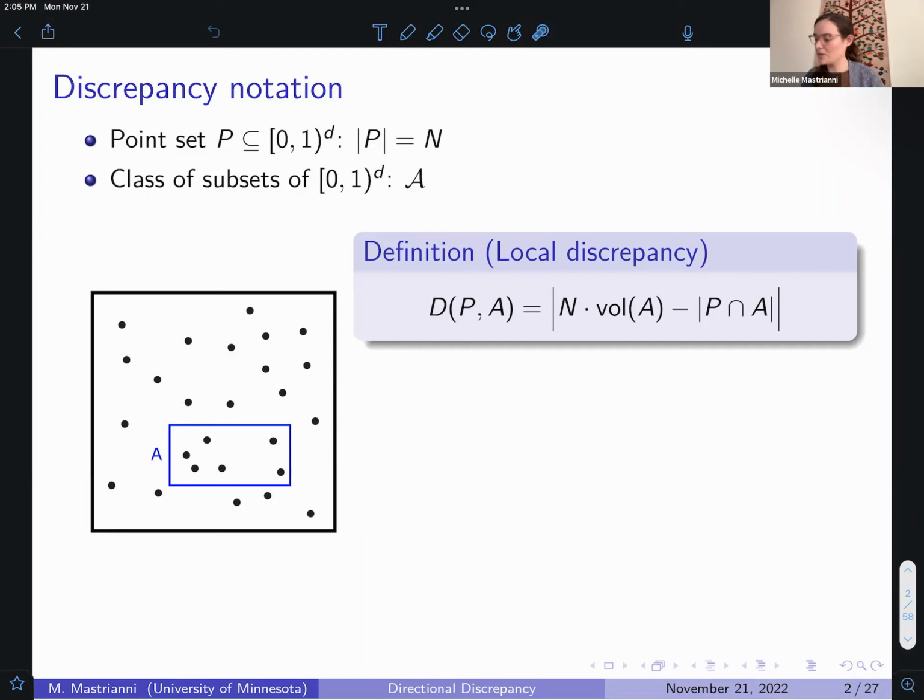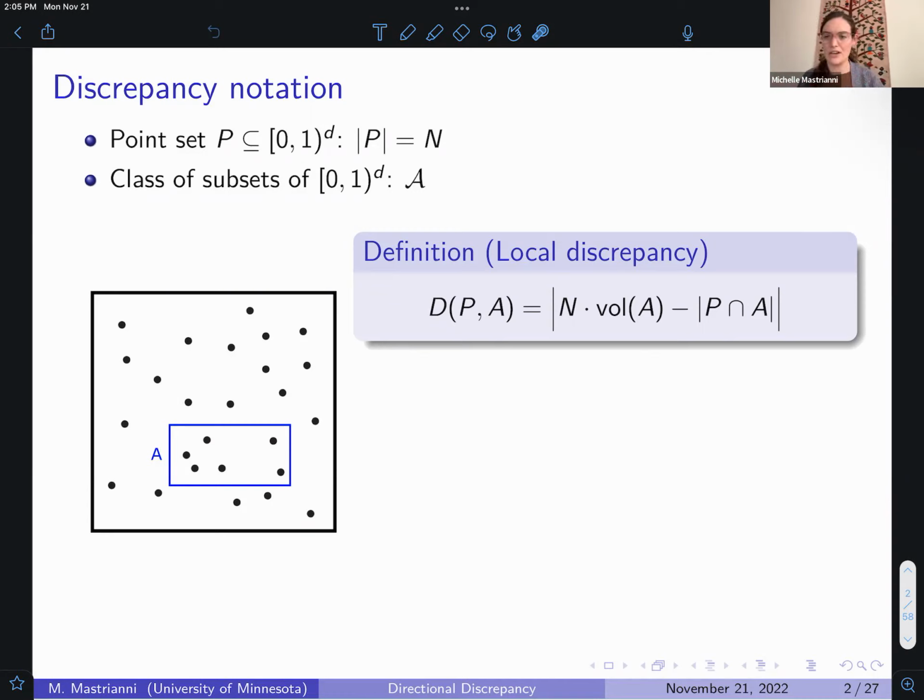For a particular set A in this class, if I'm taking axis parallel boxes, and I want to measure the local discrepancy of the point set P with respect to one particular box A, then this is measured as the deviation between the expected number of points in that box, which is given by n times the volume of the box, because we're in the unit cube, and the actual number of points in the box.